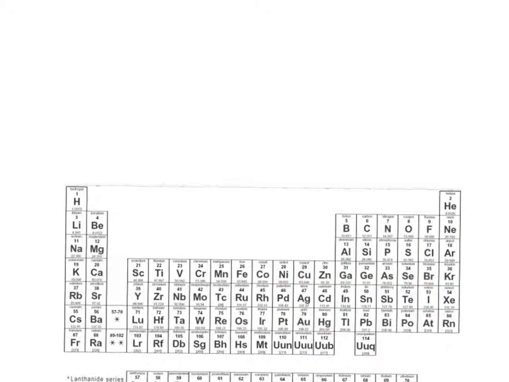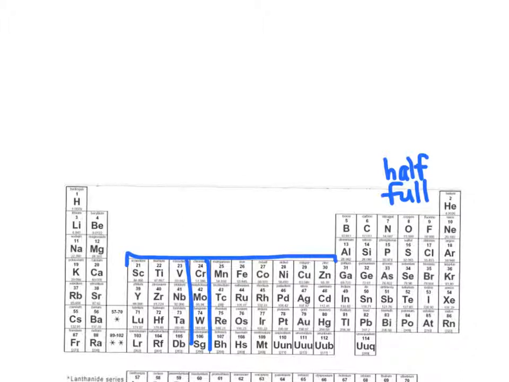All right, exceptions to the rules, if you're interested. Here's the thing. It is more stable when we're filling D particularly. It tends to be more stable for D to be either half full or completely full if it's possible to do that. So, for example, things in this column should end with s2.